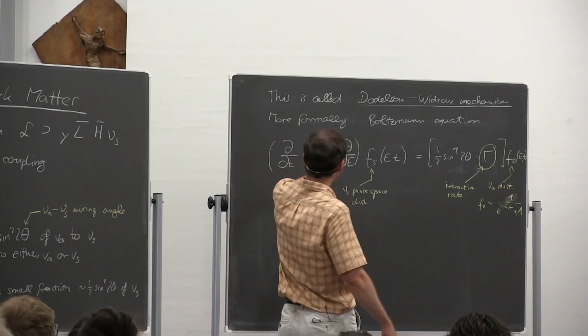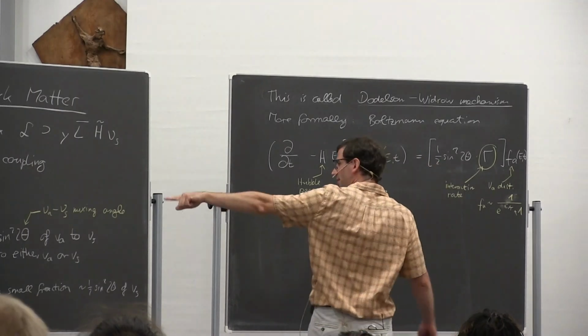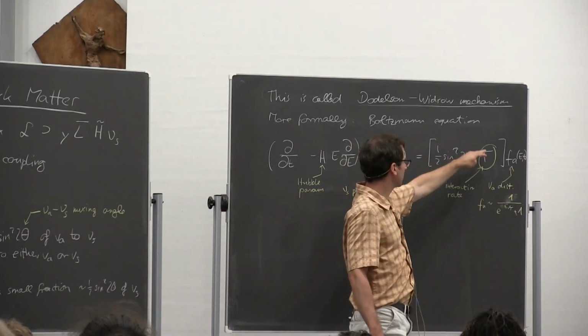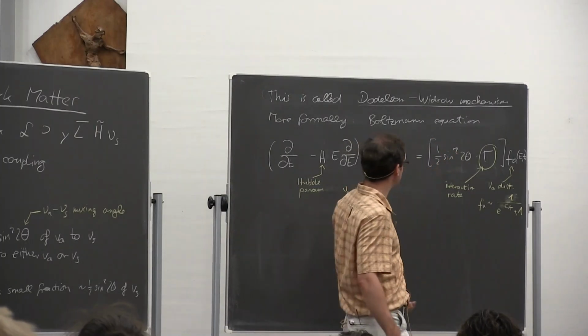Now, what's written here on the right-hand side is essentially, by the arguments given over there, the production rate of sterile neutrinos in a short time interval dt.